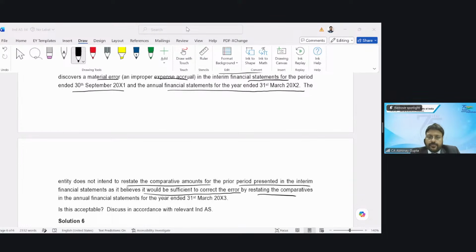So Ind AS 8 will come into play because we are talking about the prior period error correction, right? And that is dealt with by Ind AS 8. Now, because this error correction is happening within the quarter, Ind AS 34 will also come into play, right? Because Ind AS 34 talks about interim financial reporting. So it is Ind AS 8 in conjunction with Ind AS 34 in this case, right?